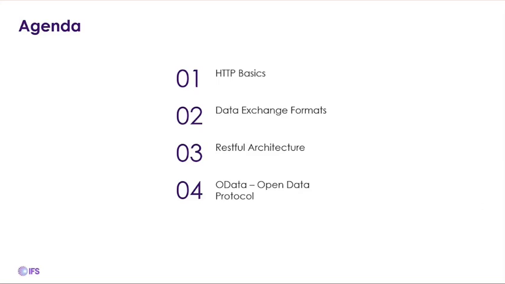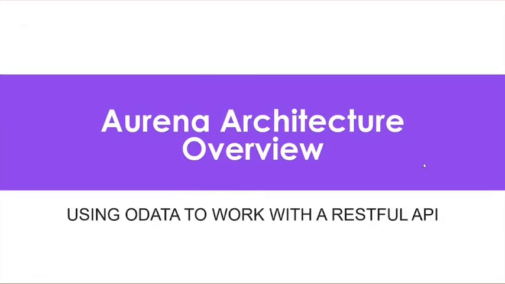So today we are moving on to IFS Aurena architecture. But before we talk about the IFS Aurena client itself, let's try to understand what sort of web clients we had in earlier versions of IFS applications and why we decided to move to IFS Aurena, a different type of web client.